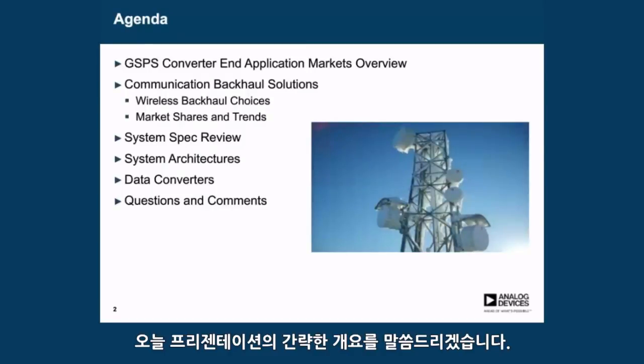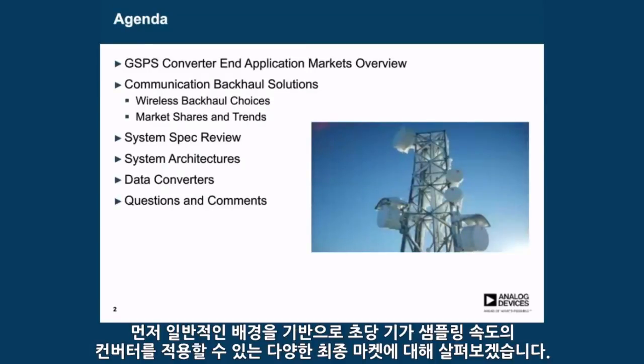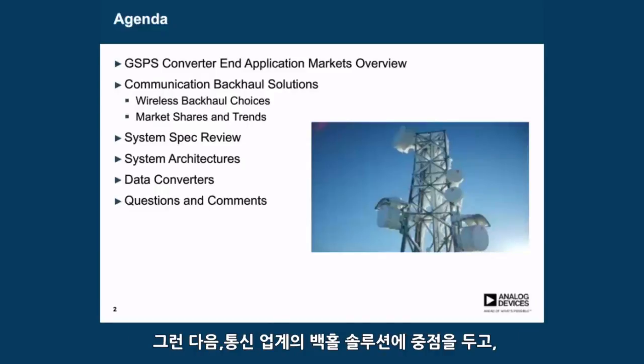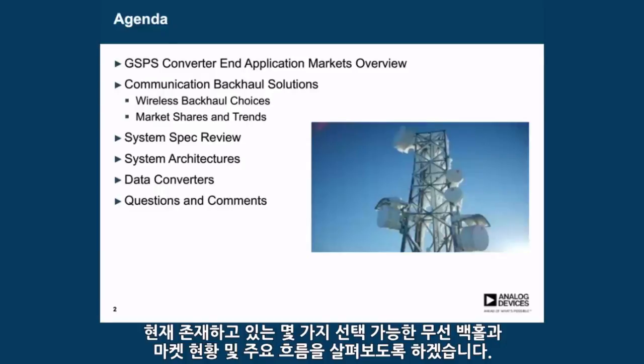Here's a quick overview of the agenda for today's presentation. I'll start by giving a brief review of the wide variety of end markets that these gigasample per second converters can service for some general background. I'll then focus the discussion on the communication industry backhaul solutions, talking about some of the wireless backhaul choices that exist today, as well as a brief overview of the market and its current trends.